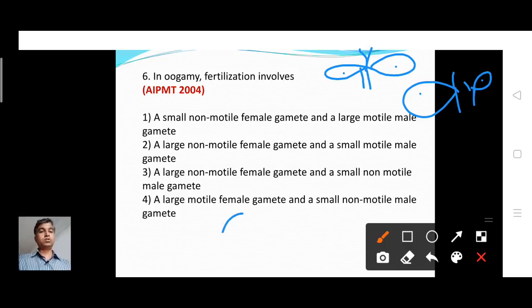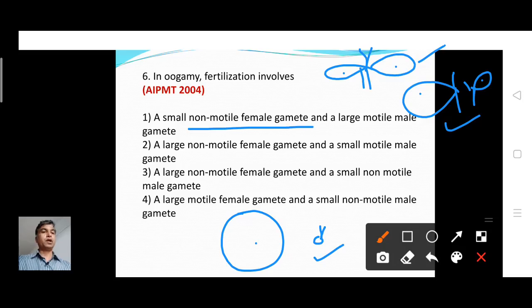Oogamy means one is too large and one is too small. This is iso, this is aniso, this is oogamy. Now try to find out which statement fits this fertilization. The small non-motile female gamete and large motile male gamete. So this large one is actually female and this one is male.